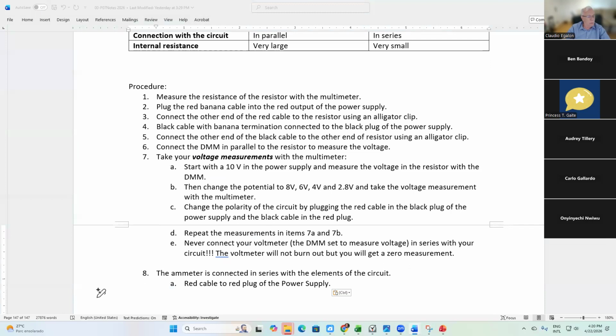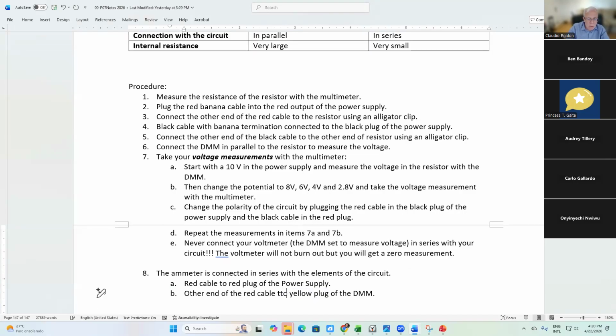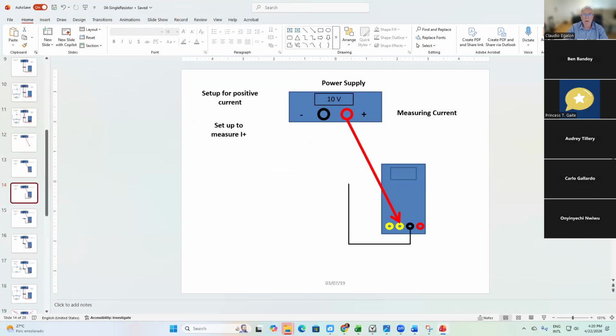Other end of the red cable to the yellow plug of the DMM. Black cable into the power plug of the DMM.